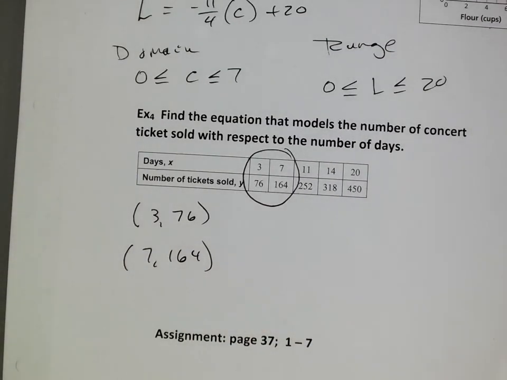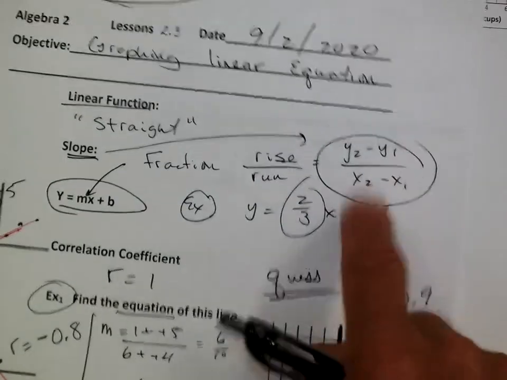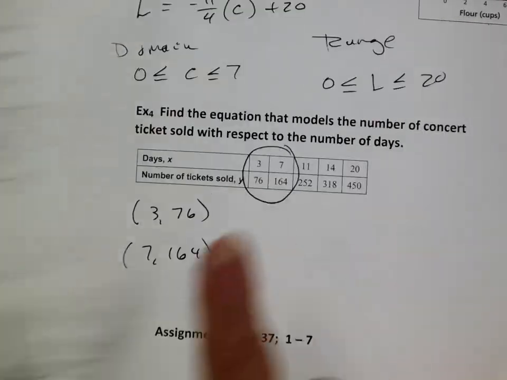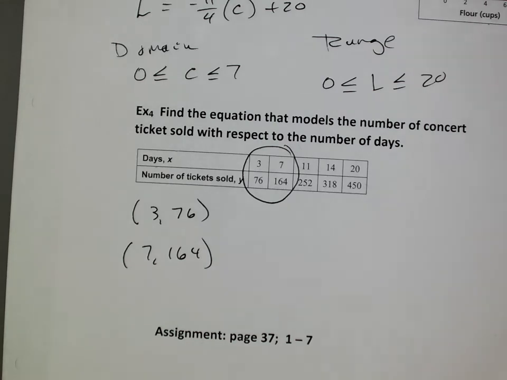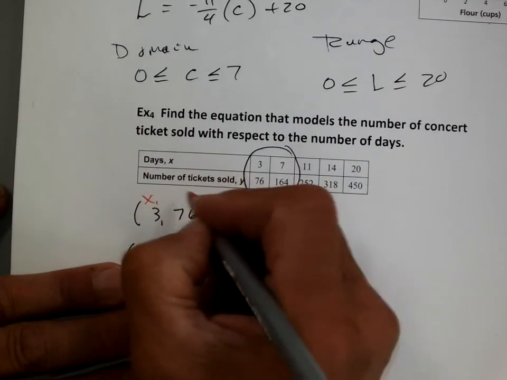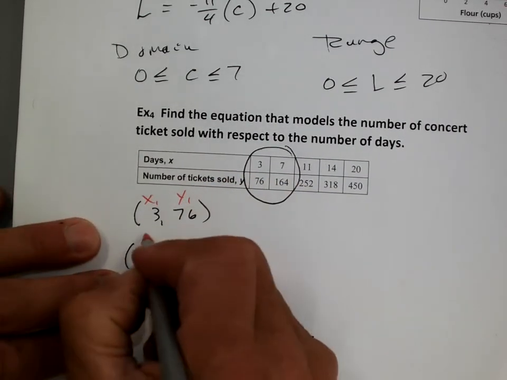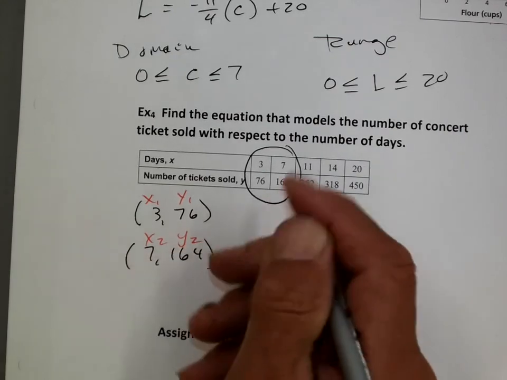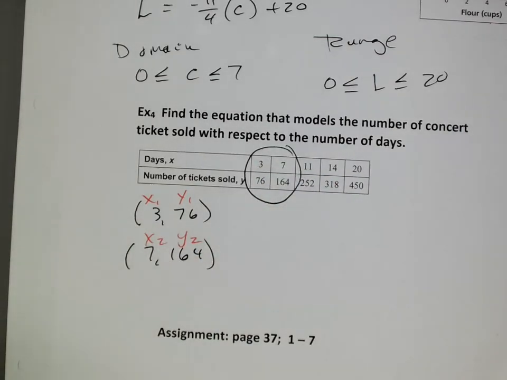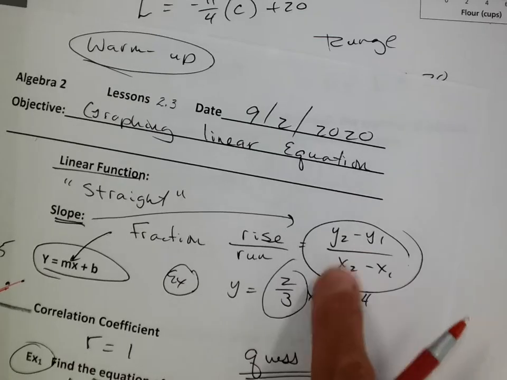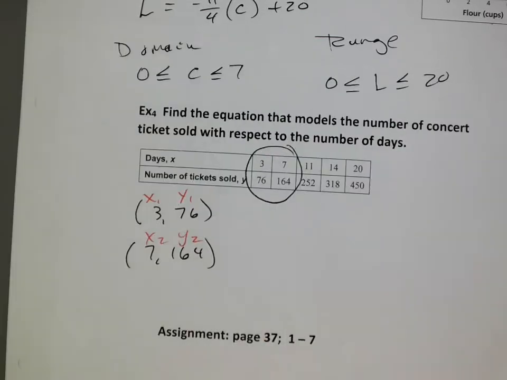All right, one more time. Let's go through and find my slope. Slope formula, y2 minus y1 over x2 minus x1. So I've got my x1, y1, x2, y2.